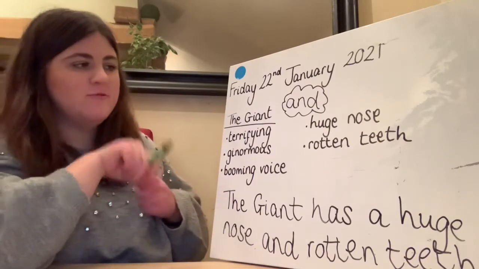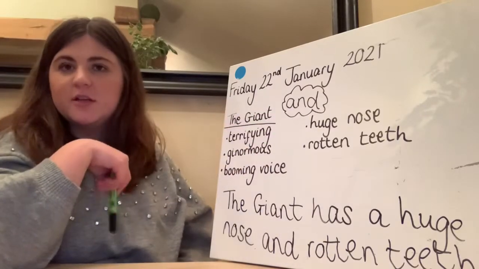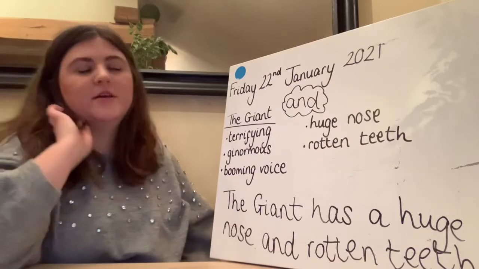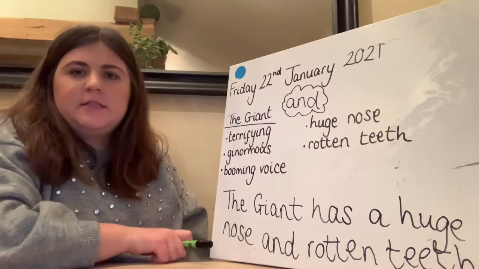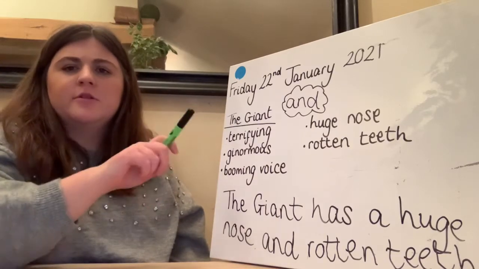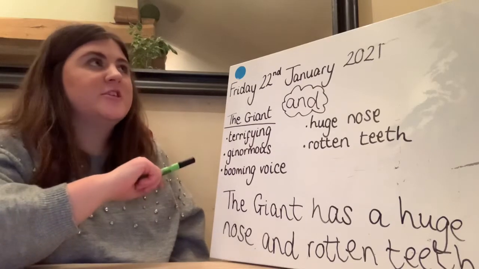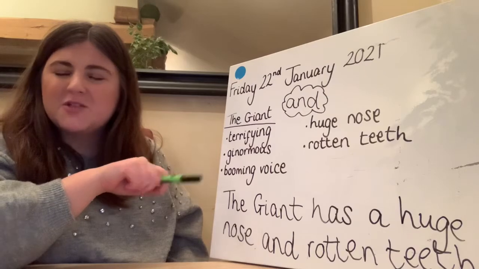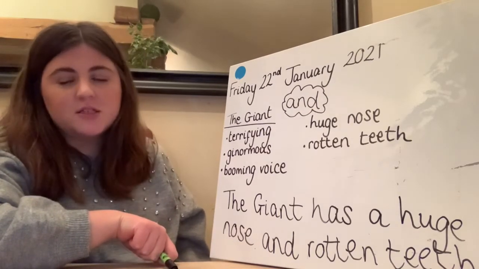Good job, guys. So I've already used 2 of my adjective phrases and a conjunction and put them into one sentence, and that is absolutely fine to do. Now, do I need to keep doing this? The giant has a huge nose. The giant has rotten teeth. The giant is terrifying. The giant is ginormous. The giant has a booming voice. Do I need to say the giant that many times? I don't think so.